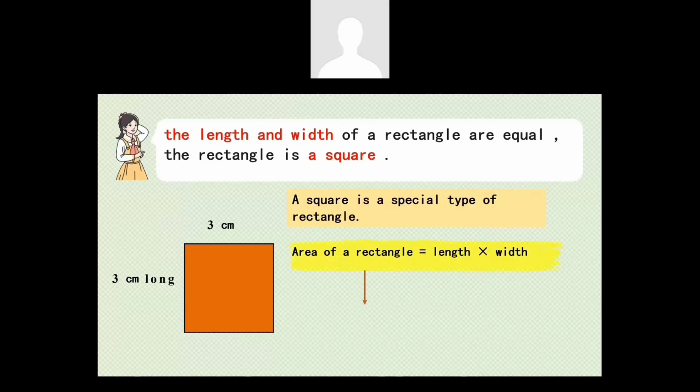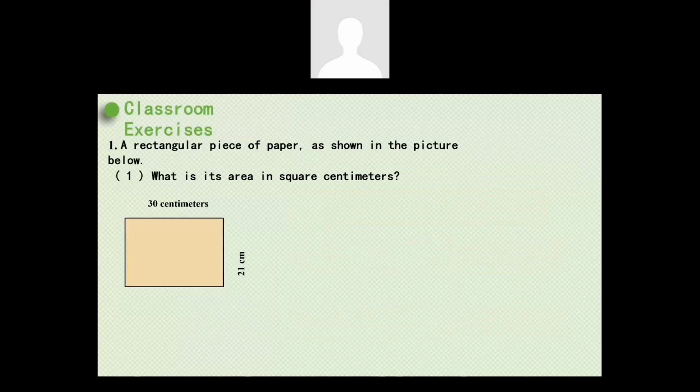Correct. Write it down. Area of square equals side multiplied by side. And remember, a square is a special rectangle because it also follows length multiplied by width, but length equals width.